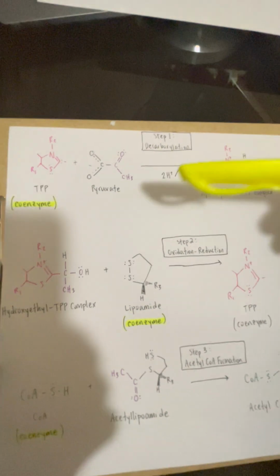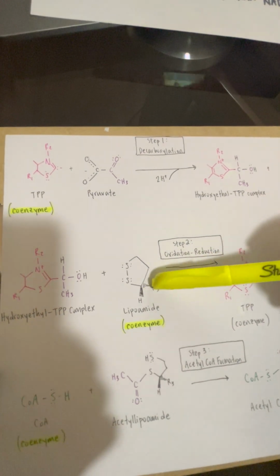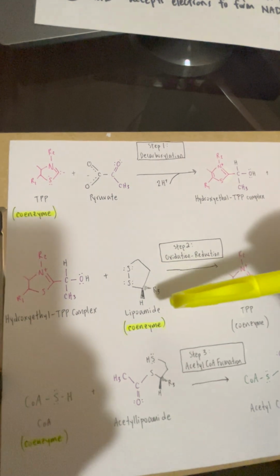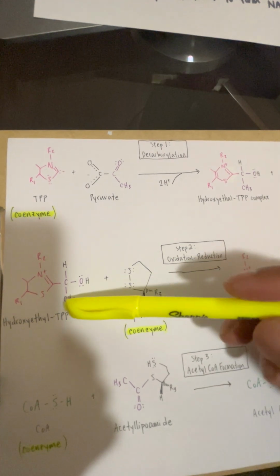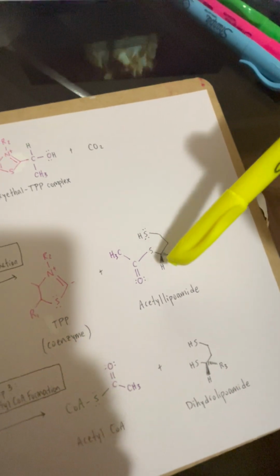Our second step here involves a second coenzyme, our lipoic acid, or a derivative, lipoamide. And when this reacts with hydroxyethyl TPP complex, we create this acetyl lipoamide.